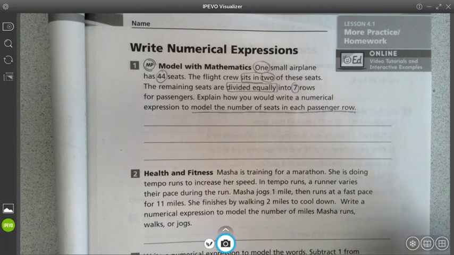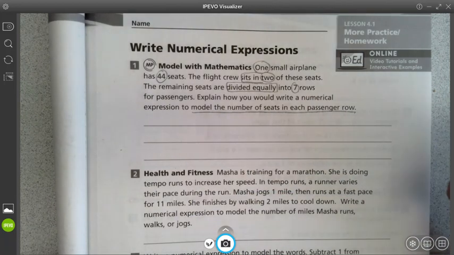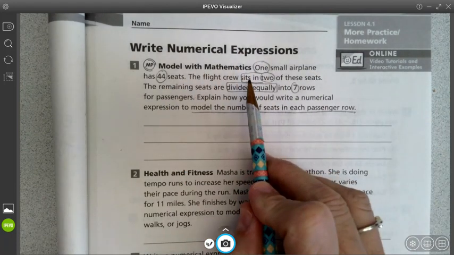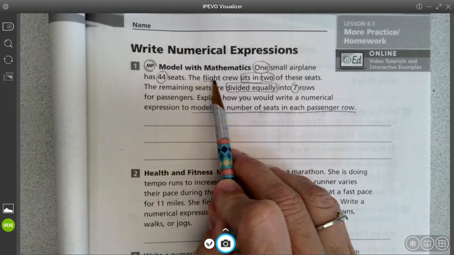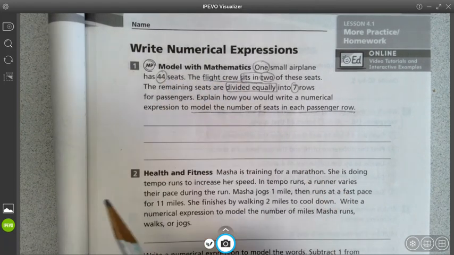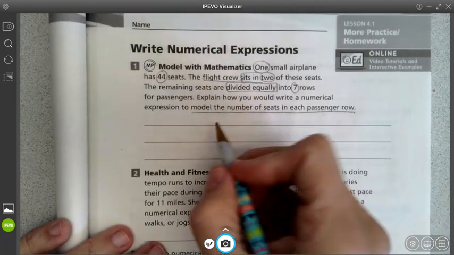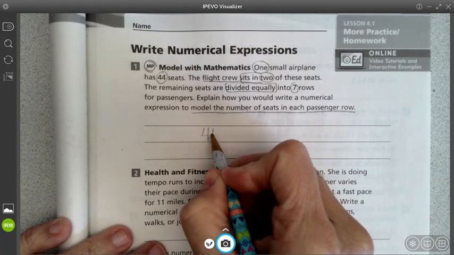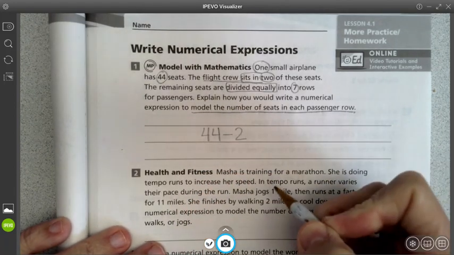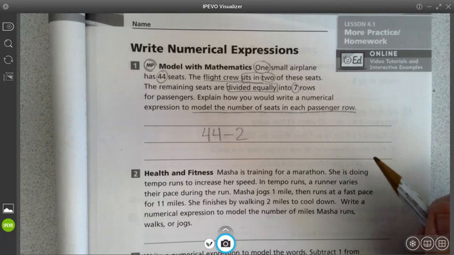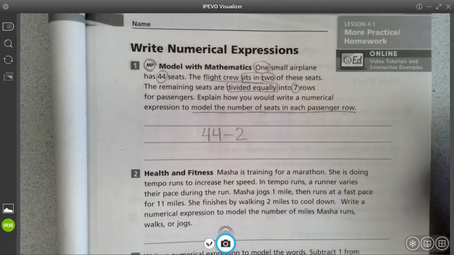So the number of seats in each passenger row is the number of seats for the passengers. So if we have 2 members of the flight crew that are sitting in those 44 seats, the first thing we would have to do is take the 44 seats and subtract the 2 that the flight crew are sitting in because the rows are just for the passengers.